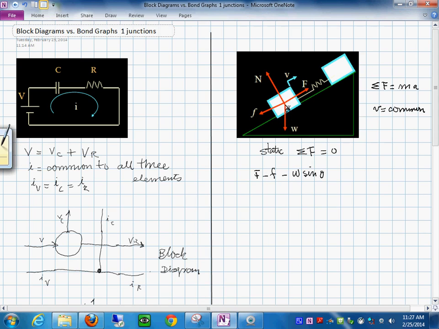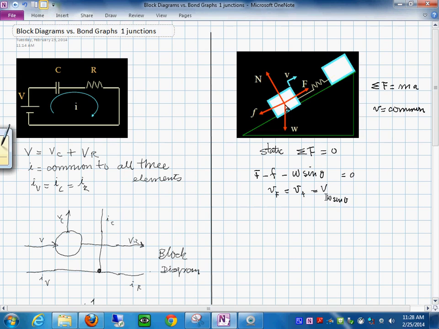This should equal 0 for the static case. In the normal direction they don't move, so we're not going to write an equation there. But you know that the velocity of the F is equal to the velocity of this, and is equal to the velocity of this, omega sine of theta.